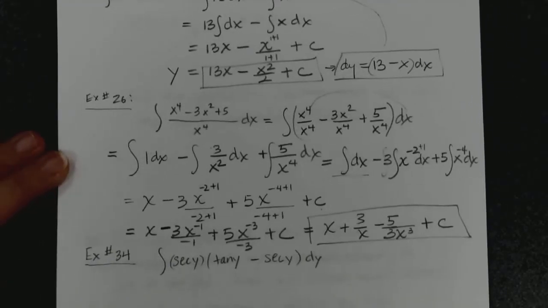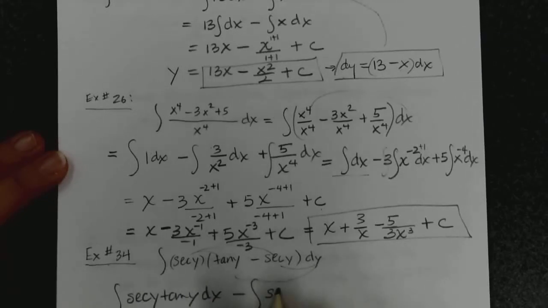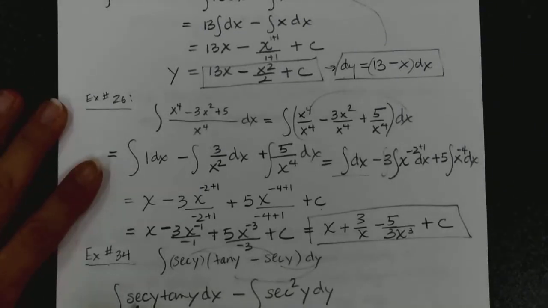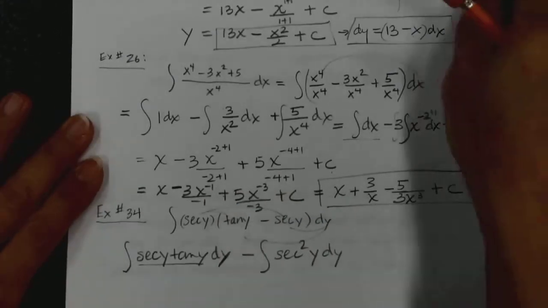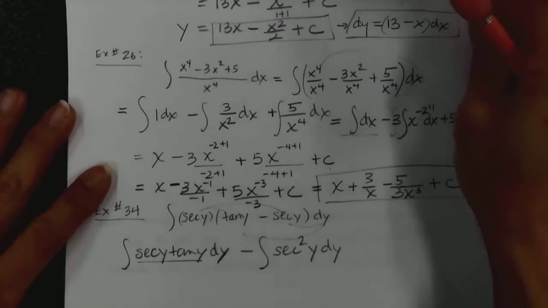Now I have a trig function. This is an example from number 34. What we're going to do is distribute this in and distribute that in. So when I distribute, I get the integral of secant of y tangent of y dy minus the integral of secant squared of y dy. Now remember, you have to think about what function has the derivative of secant y tangent y.